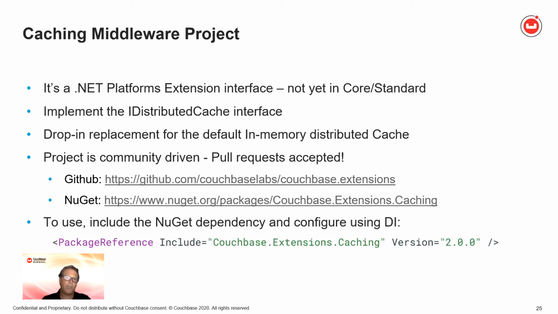The caching middleware project depends on an IDistributedCache interface, which is not part of .NET Core itself. It's an extension interface. If you're going to use this in your application, you're going to want to, in your .csproj, do a package reference to Couchbase.Extensions.Caching version 2.0.0 or whatever's latest.